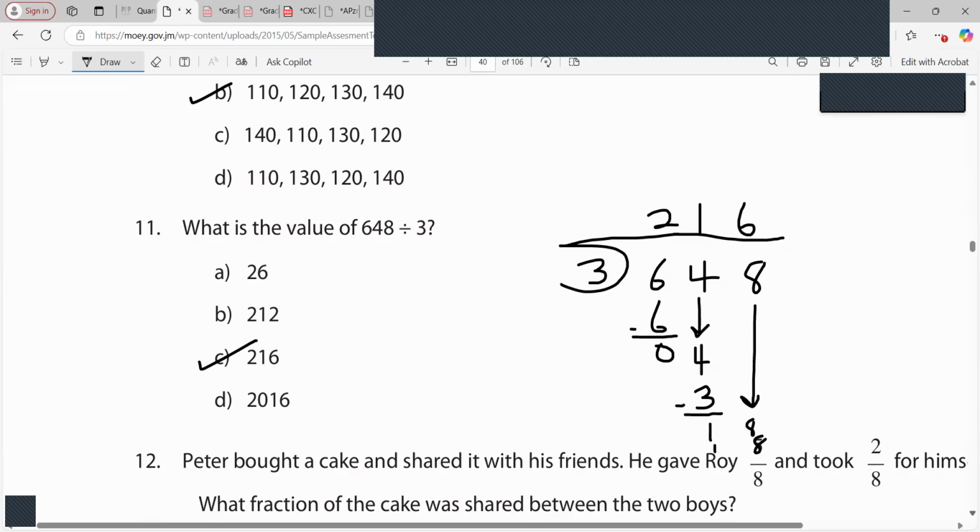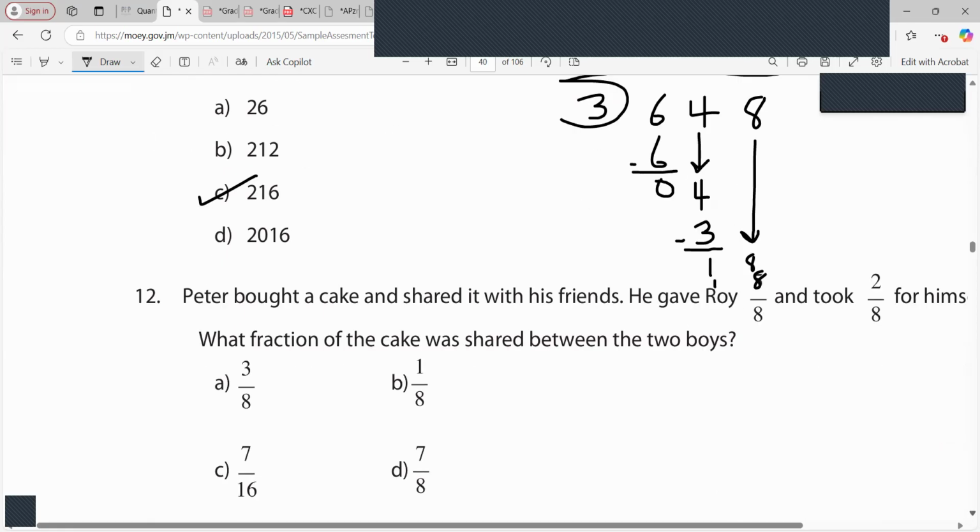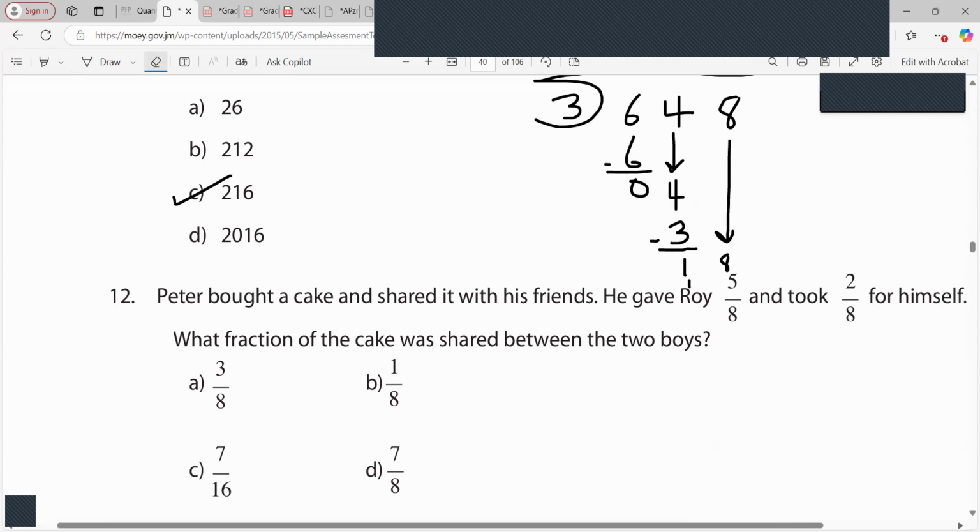Number 12 says, Peter bought a cake and shared it with his friends. He gave Roy 5/8 and took 2/8 for himself. What fraction of the cake was shared between the two boys?